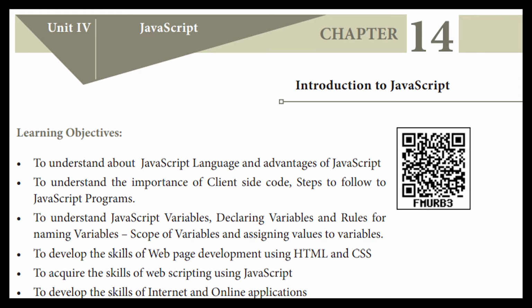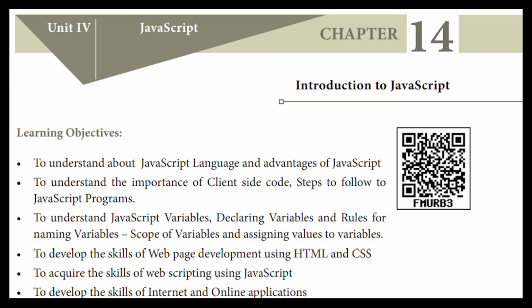And then the variables. Here, some basic data types are there: string, numbers, boolean, and so on. String means, if you have a single letter like A, it is a character. If you have a set of characters, a word, we'll say it is a string. It will be inside single quotes or double quotes.